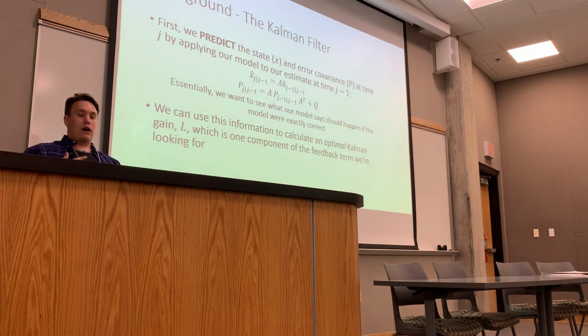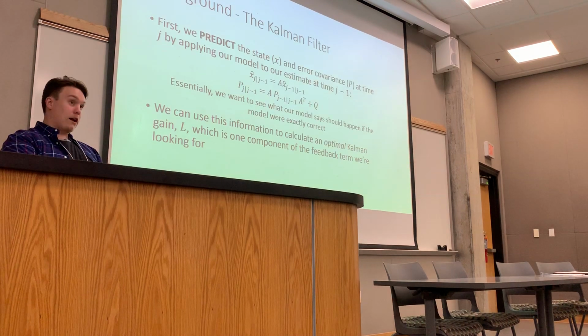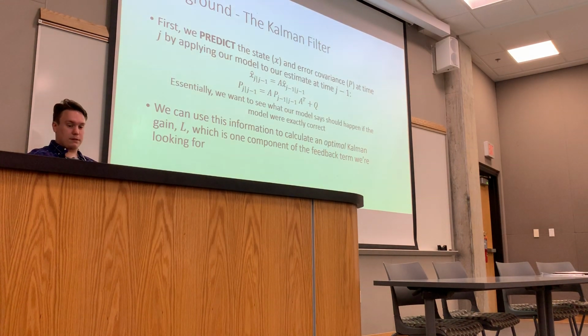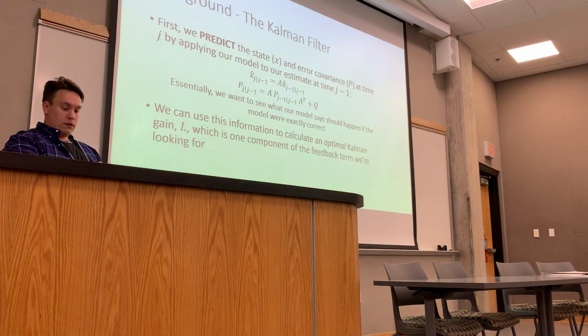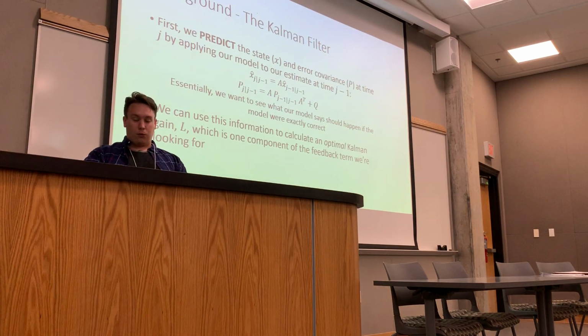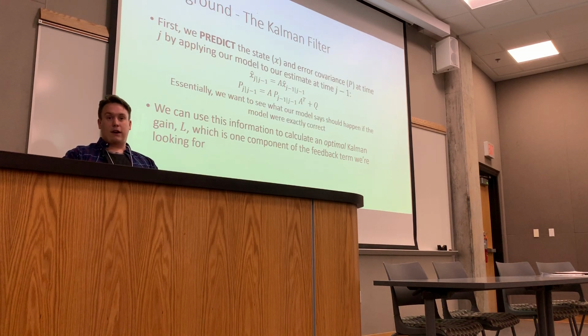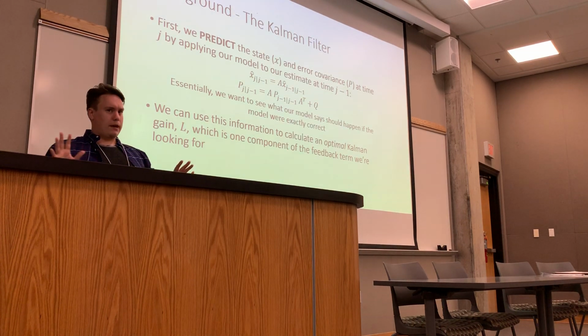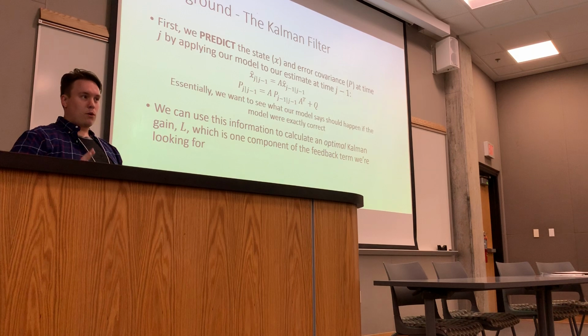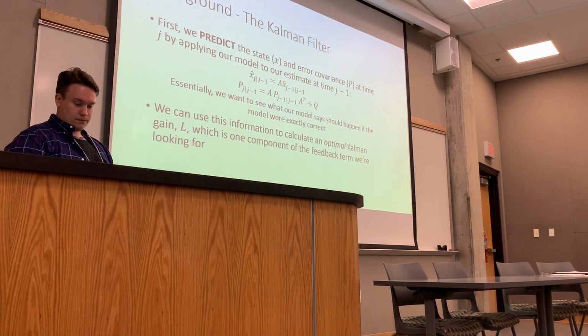And that is optimal if the model happens to actually match the real system, if the noise entering the system is white or uncorrelated, and if we know the covariances exactly. Those are some big ifs, but we're assuming that they all apply right now.